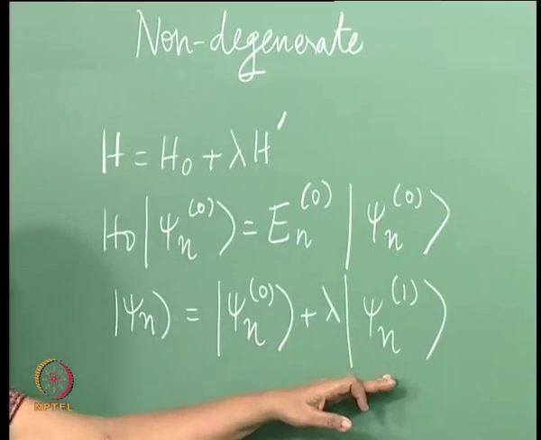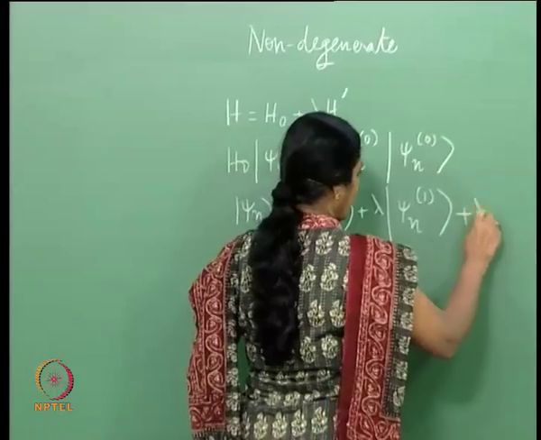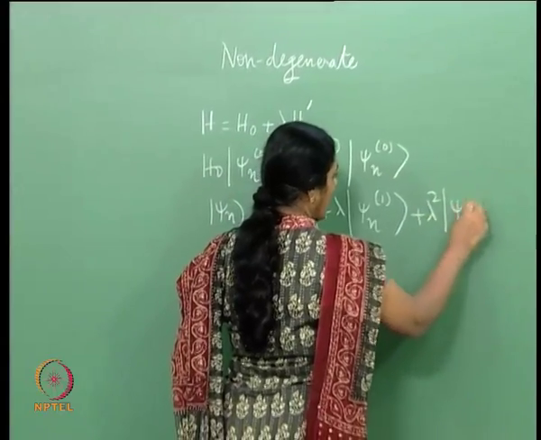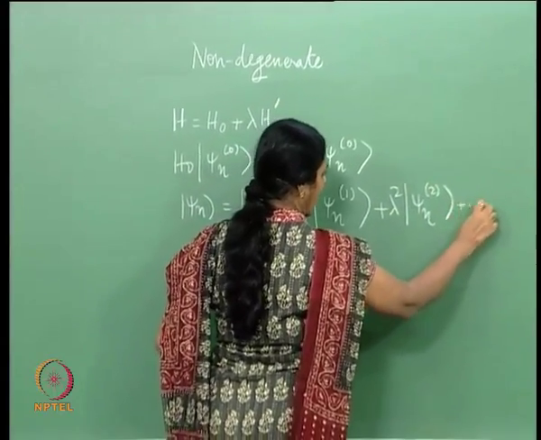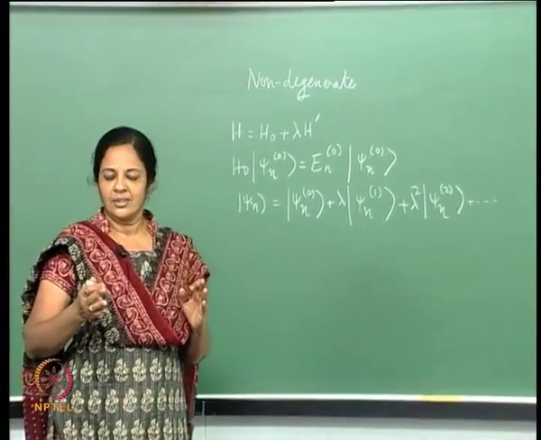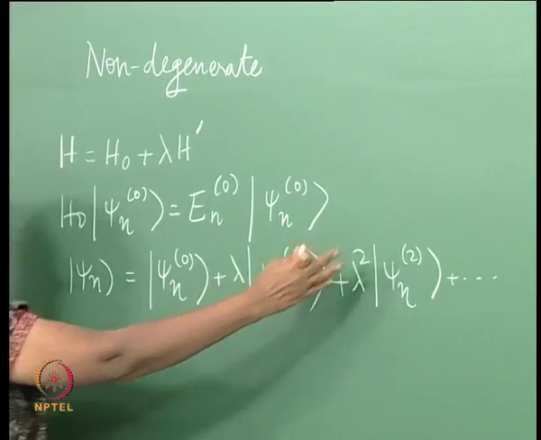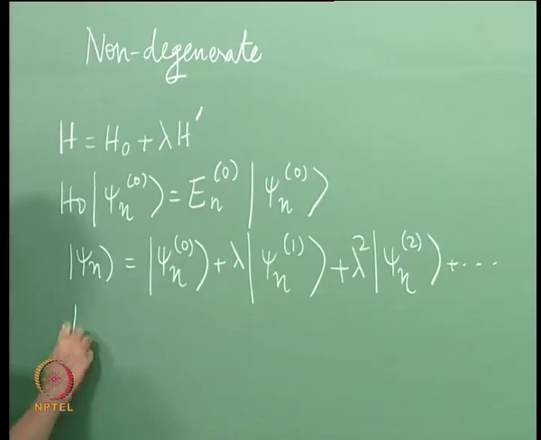You could stop here if you were looking at the first order in the perturbation, or you could continue and get to the second order in the perturbation and so on, depending on the context, because you should decide where exactly it makes sense to truncate the series.